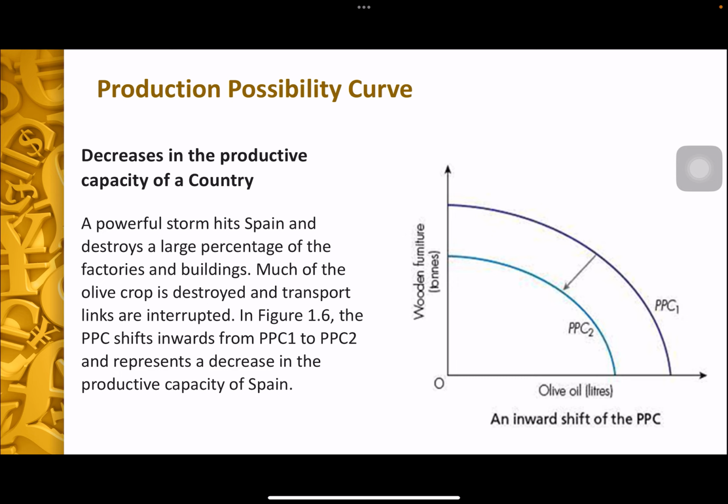And similarly, that also impacts the production of wooden furniture because the transportation is now interrupted.